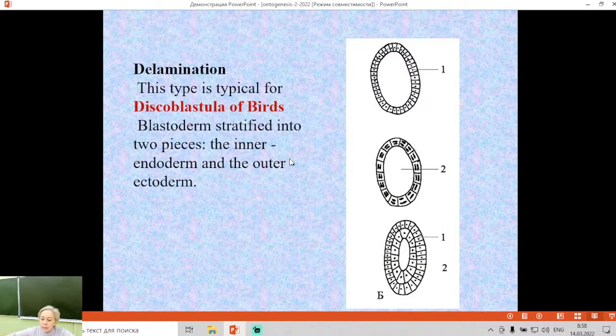Delamination. This type is typical for the discoblastula of birds. The blastoderm stratifies into two layers, the inner endoderm and the outer ectoderm.